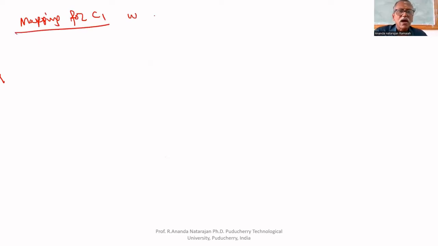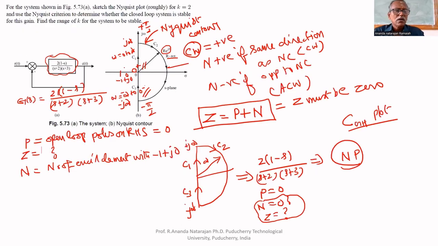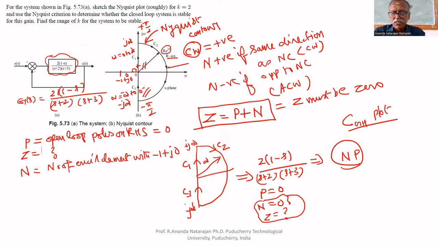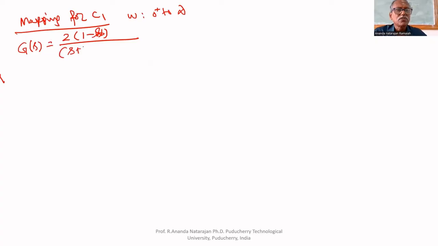That is, omega varies from 0 to infinity. What is G of S? G of S equal to 2 multiplied by (1 minus S) upon (S plus 2) multiplied by (S plus 3).